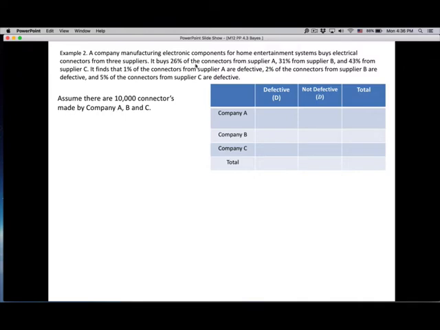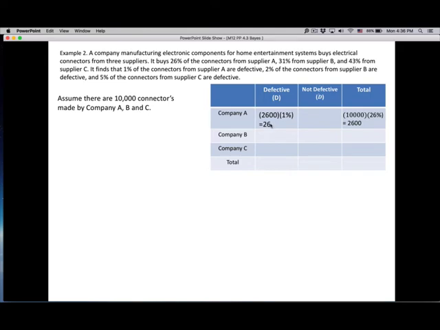Okay, 26% of the connectors from supplier A. So I will have 10,000, the total number of the connectors, times 26%. So you have 2,600. And then they say 1% of the connectors from supplier A are defective. So from supplier A, that will be defective, that's 1%. So I use 2,600 times 1%, which is equal to 26.